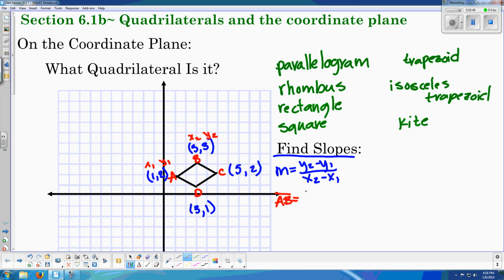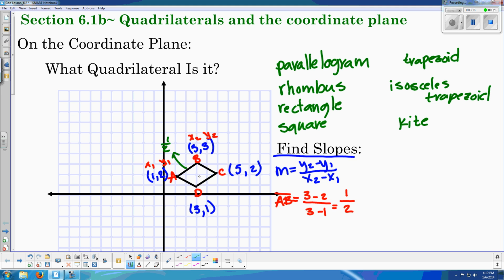So we have 3 minus 2, because we have our y2 minus our y1, divided by x2, which is 3, and our x1, which is 1. So our slope is going to be 3 minus 2, which is 1, divided by 3 minus 1, which is 2. So our slope of this line here is going to be 1/2.